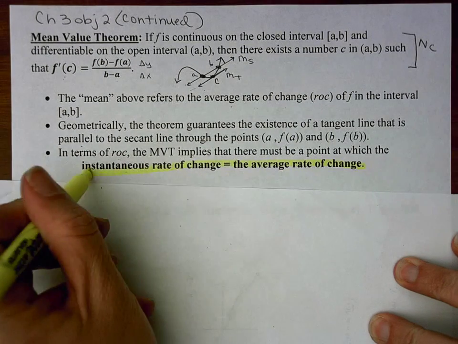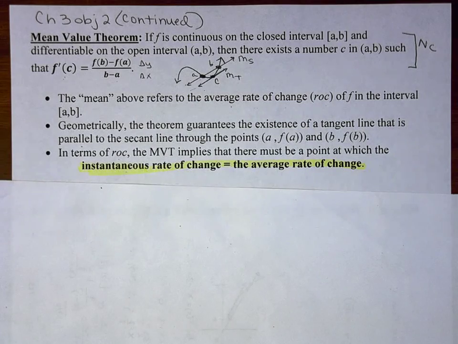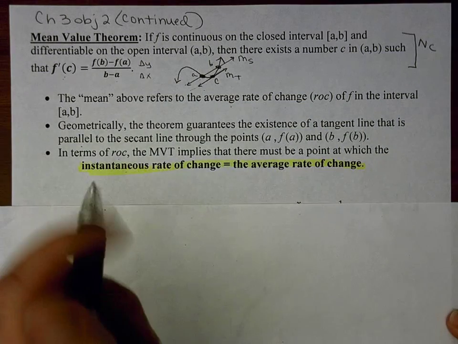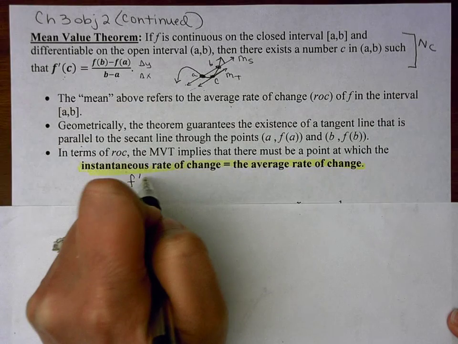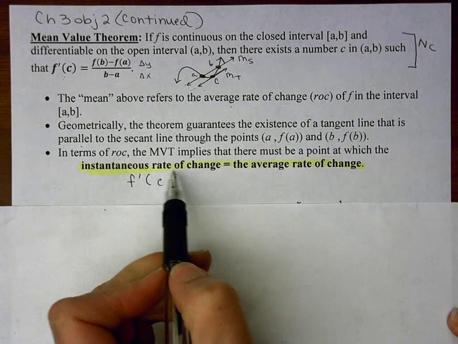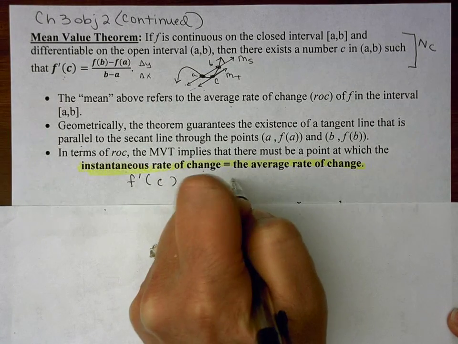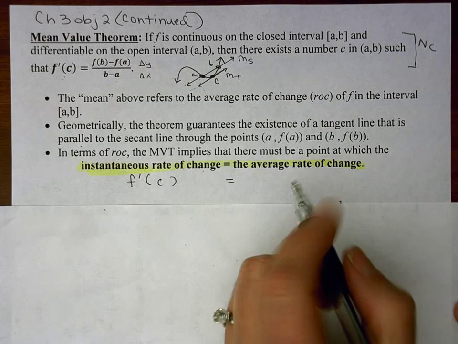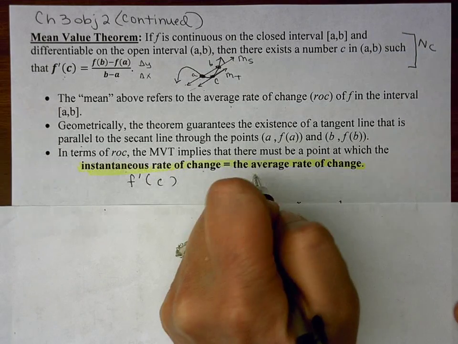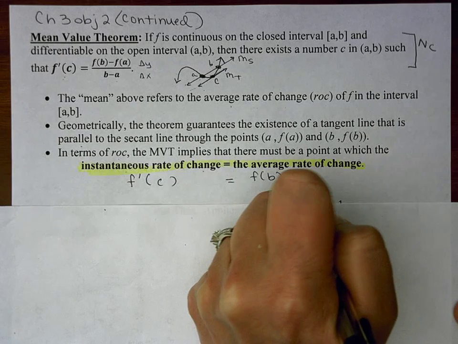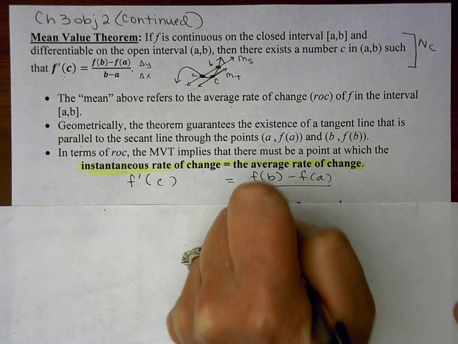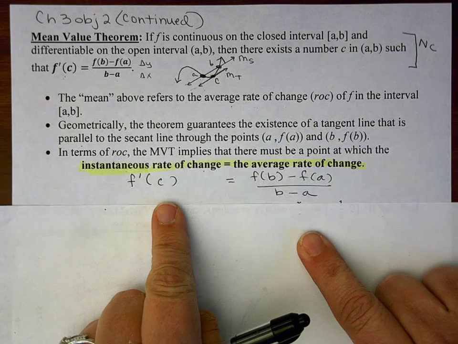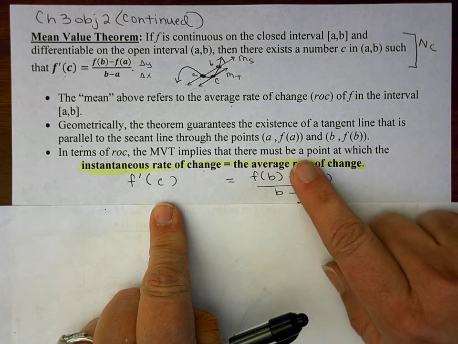So our instantaneous rate of change, which is our f prime of c, you can write that as ROC, is equal to the average rate of change, and that is just the slope, the change in y over the change in x. So the instantaneous ROC equals the average ROC.